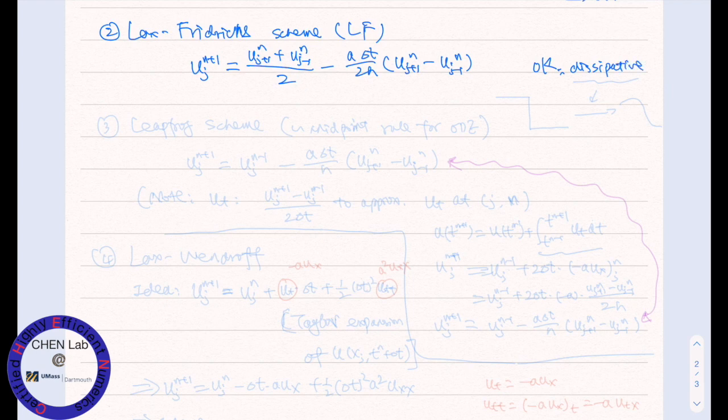What dissipative means is this: as we said on the last slide, the solution is a function traveling to the right.